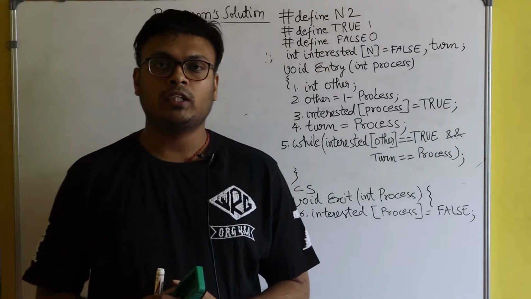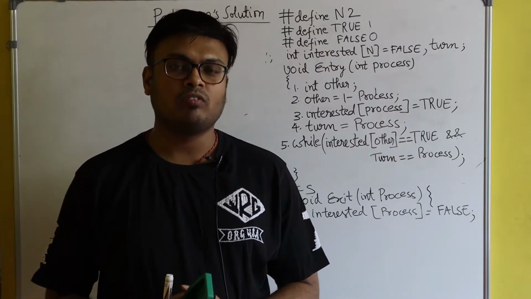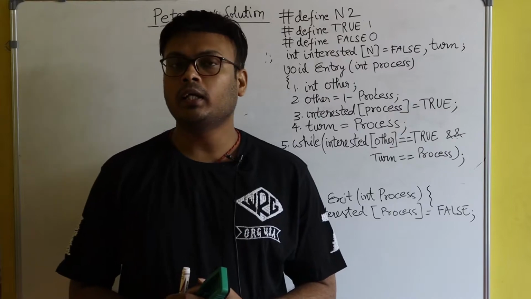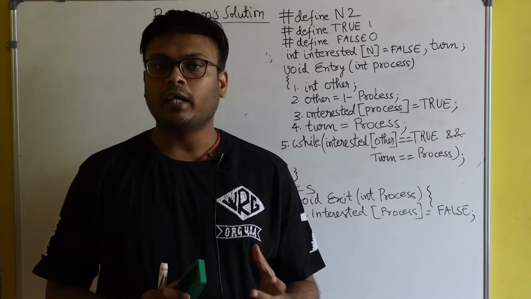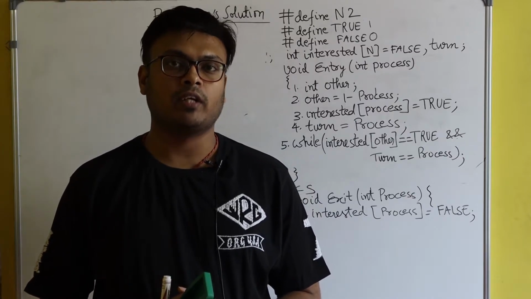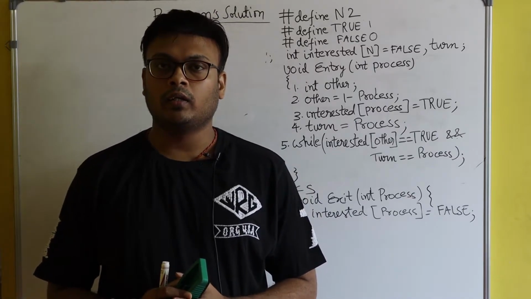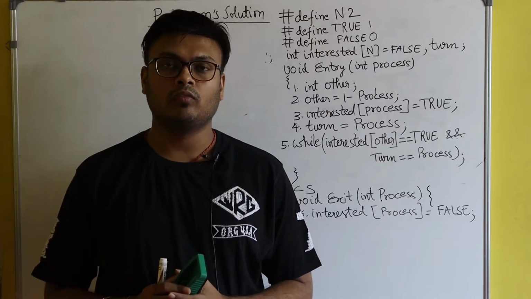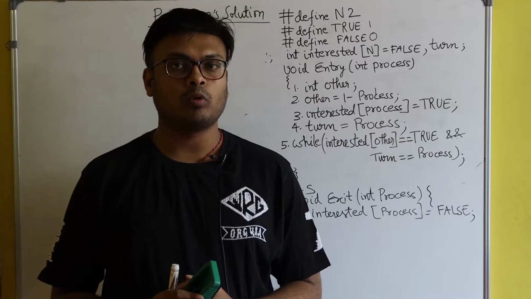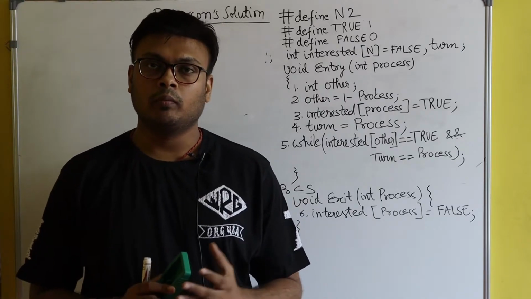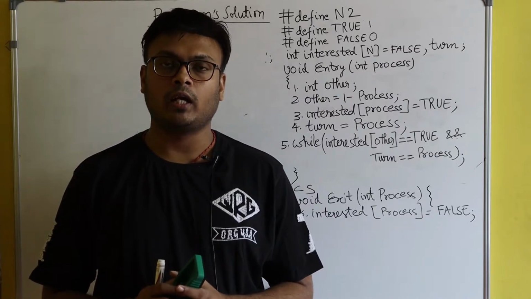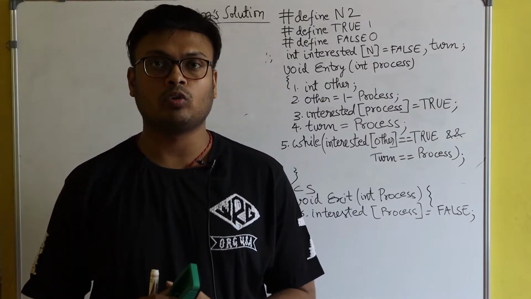In order to achieve all the basic requirements of process synchronization, what Peterson did was cleverly combine the concept of the turn variable as well as the interested variable. And he came up with a new solution which satisfied all the basic requirements of process synchronization, that is mutual exclusion as well as progress as well as bounded waiting, and moreover deadlock was also not there.